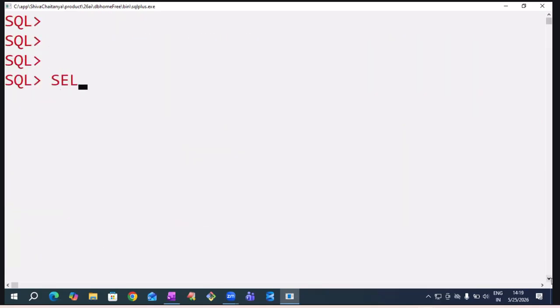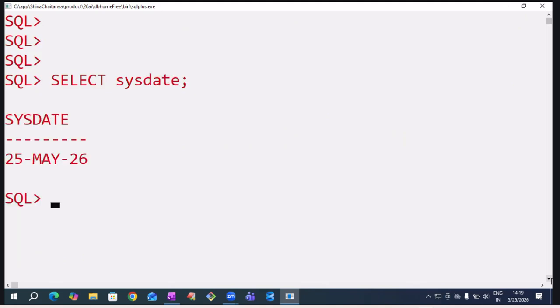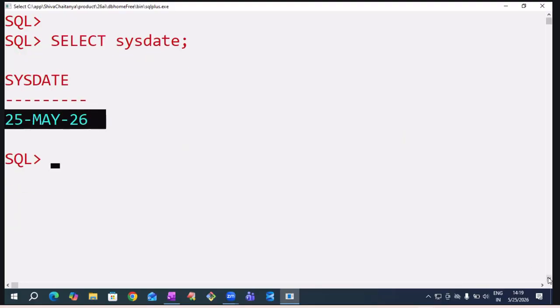I'm writing like this: select sysdate. Today's date we are getting, 25th May. Today's date it is displaying in Oracle date format, DD-MON-RR.